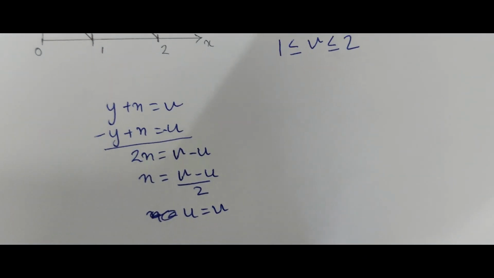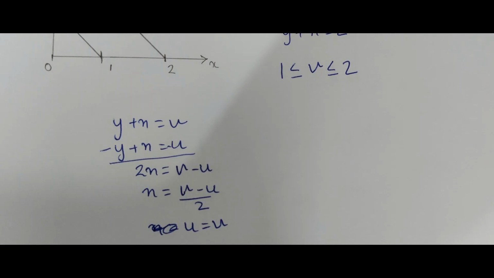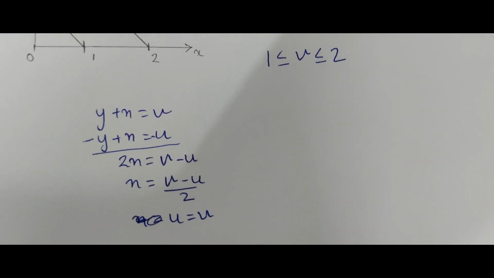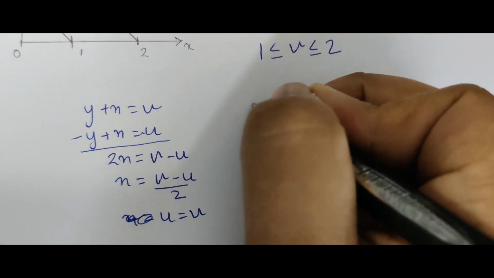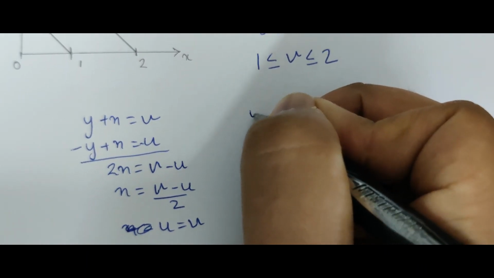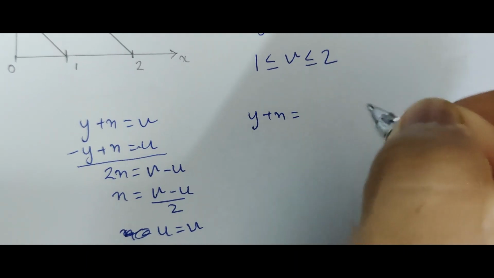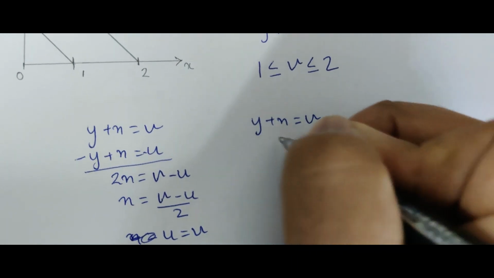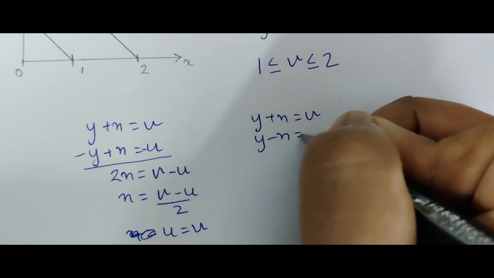Now we take out the other limit in terms of y. y plus x is equal to v, y minus x is equal to u.